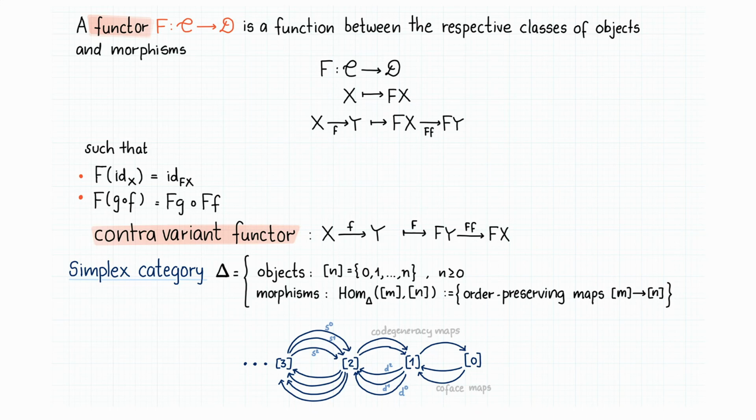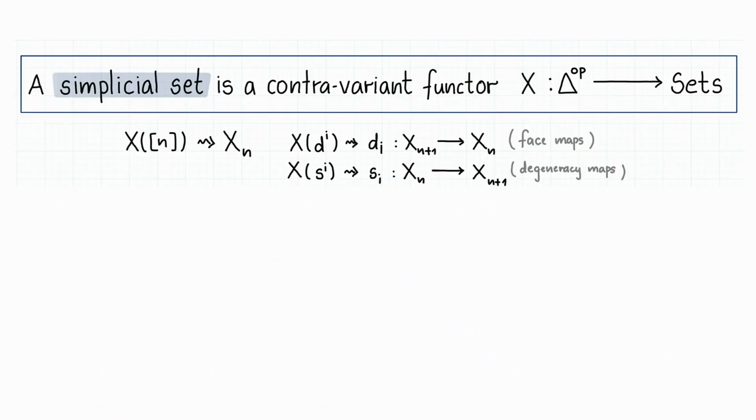And now we can have a better definition of a simplicial set: it is a contravariant functor from the simplex category to sets. The op on delta just means that it's a contravariant functor. So what does a functor do? It takes n and maps it to a set Xn, and then it takes all of those co-degeneracy and co-phase maps and maps them to a map between the appropriate sets.